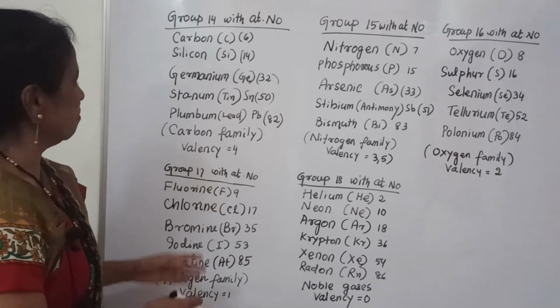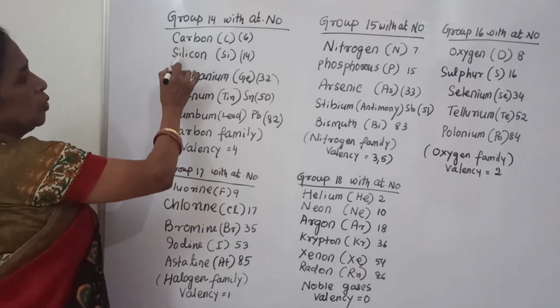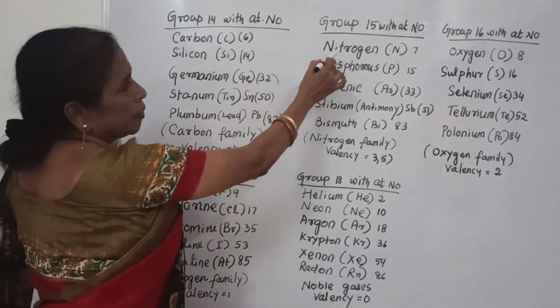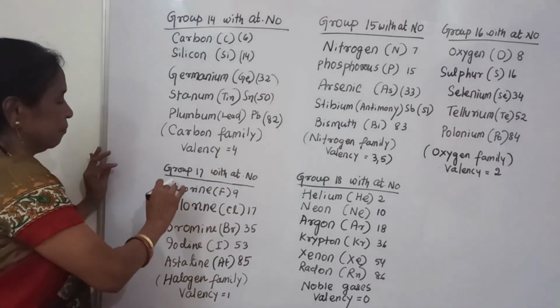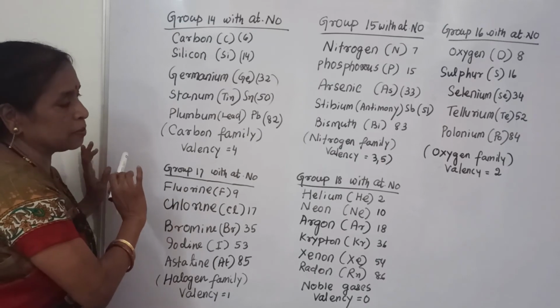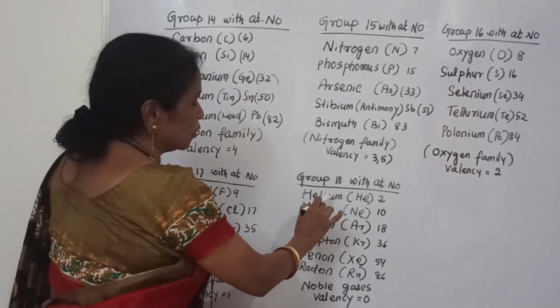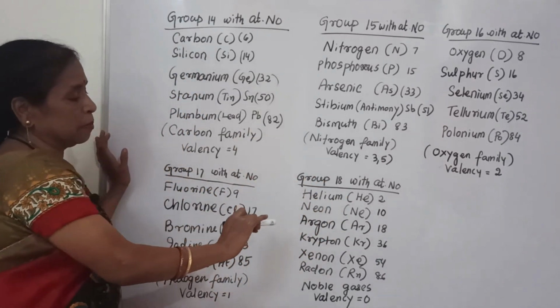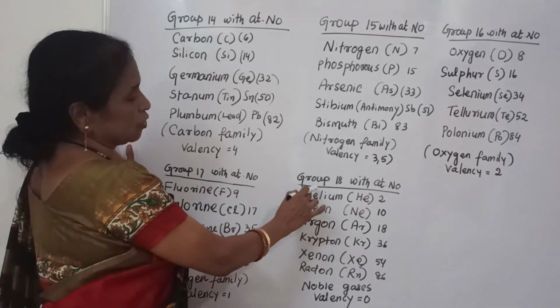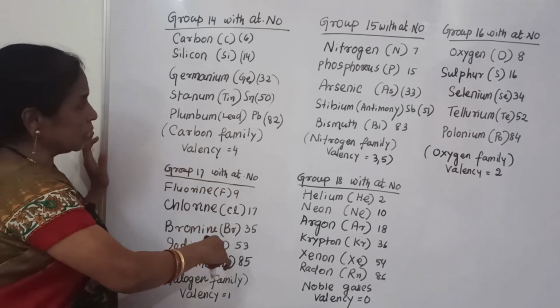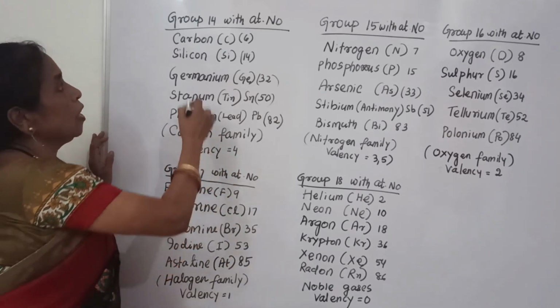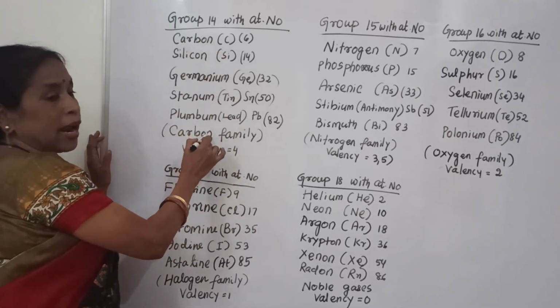Like this you remember, but minimum the first 2 elements in group 15, 16, 17, and in group 18 the first 3 elements. Try to remember gradually, slowly from beginning to end.